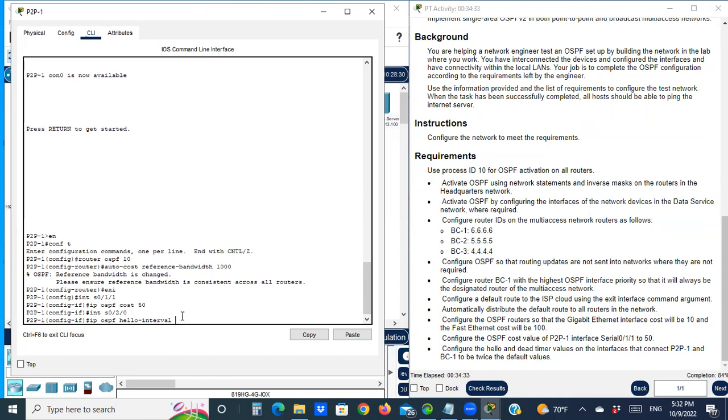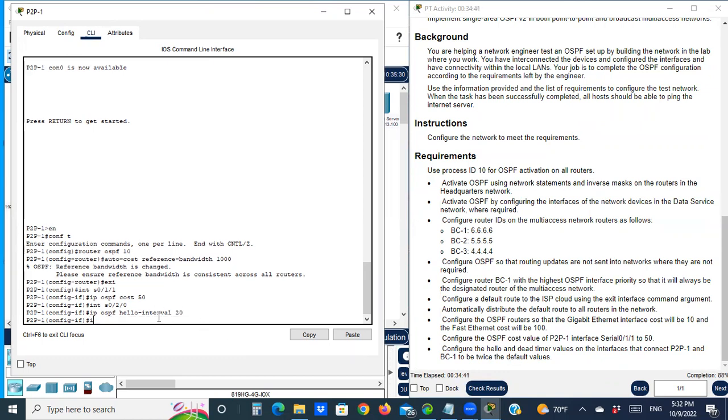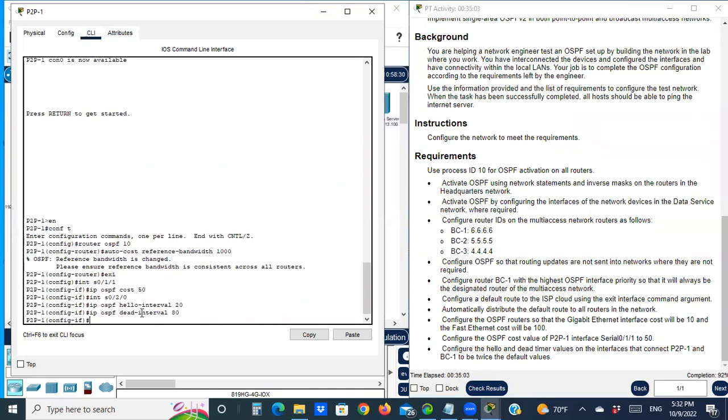The default hello interval is 10, so twice is 20. Then ip ospf dead-interval. By default, the dead interval is 4 times the hello interval, so it's supposed to be 80. All right, so we did that.